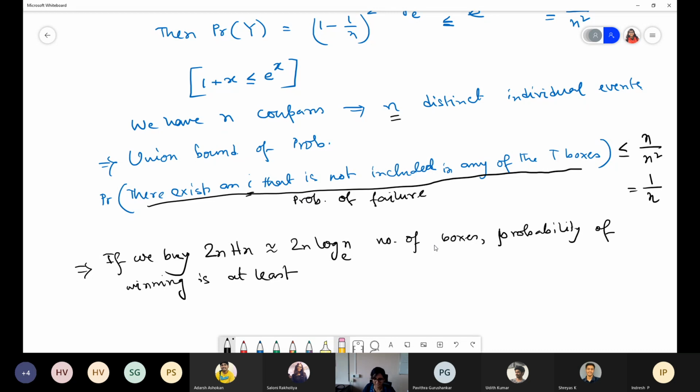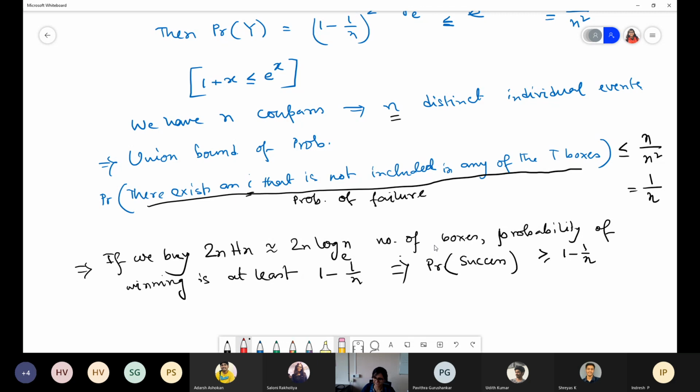So the probability of success is greater than or equal to 1 minus 1 by n, which is very high.